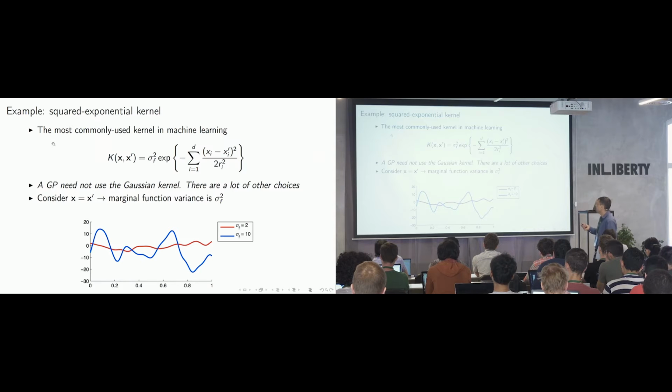So if we generate a trajectory of a Gaussian process with a covariance function given by this formula, with different values of sigma, then the bigger the value of sigma is, the more variable the trajectory we will obtain. So this parameter is responsible for the scale of trajectories.